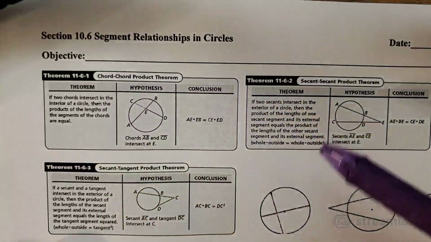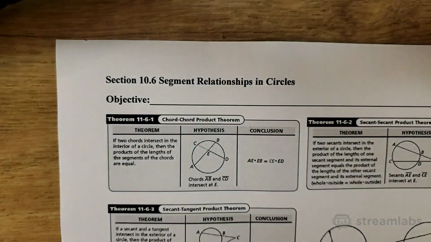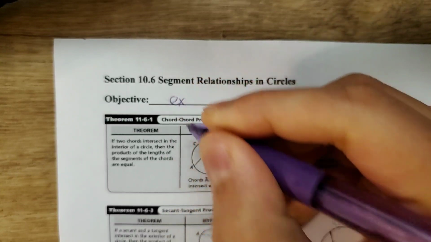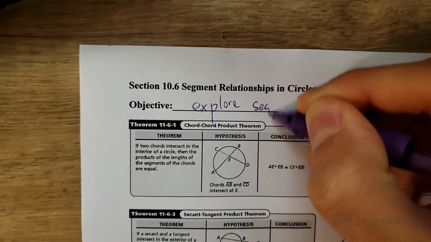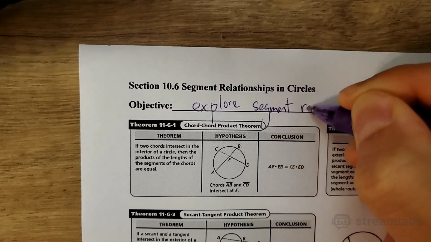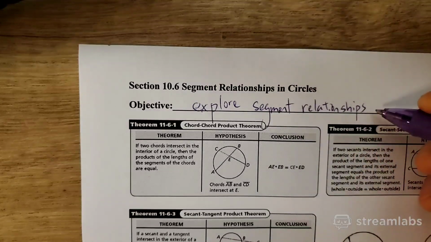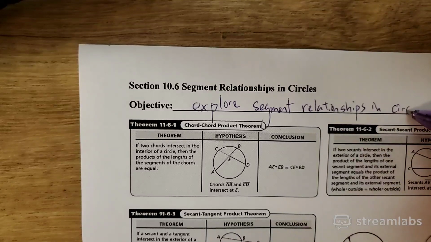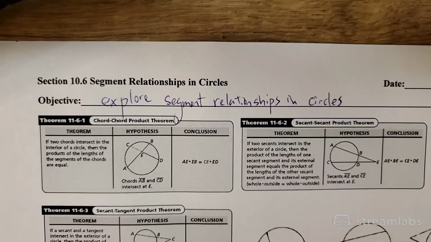So today we're going to explore segment relationships in circles. Same thing as the angle relationship, you have three parts.